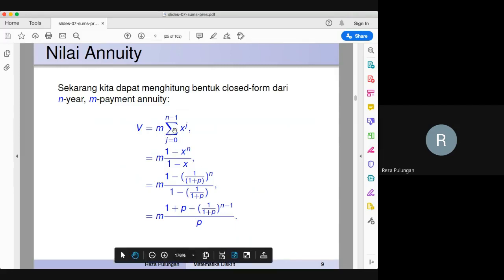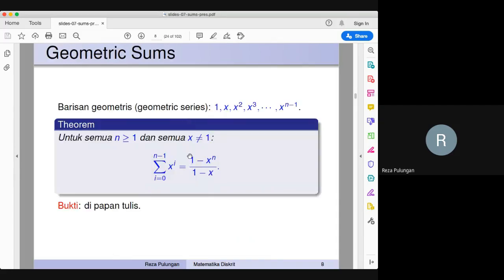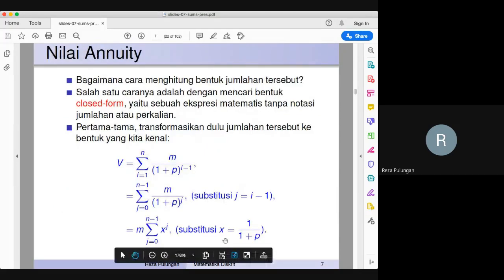Once we transform it, j is equal to 0 until n minus 1, x to the power of j. According to this theorem, the whole thing becomes 1 minus x to the power of n divided by 1 minus x. Note that x cannot be equal to 1, but we have already ensured that 1 divided by 1 plus p cannot be equal to 1.